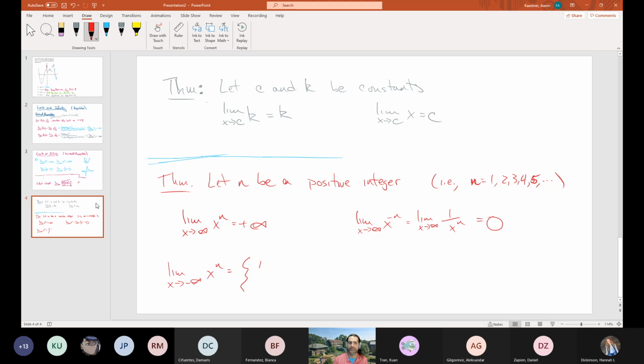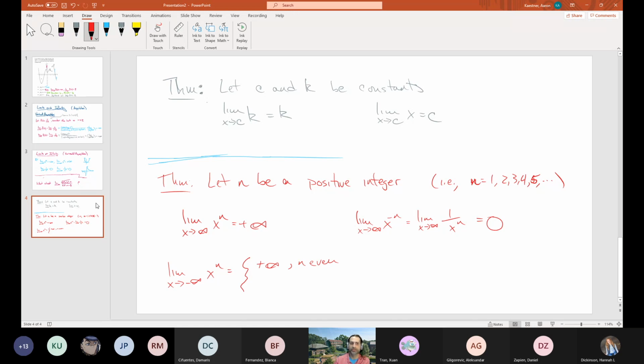I'm going to get back positive infinity when n is even, because if I take a big negative number to an even exponent, I have an even number of copies of that negative number, and if I multiply an even number of negative numbers together, all the negative signs are going to cancel out to give me back a positive number.